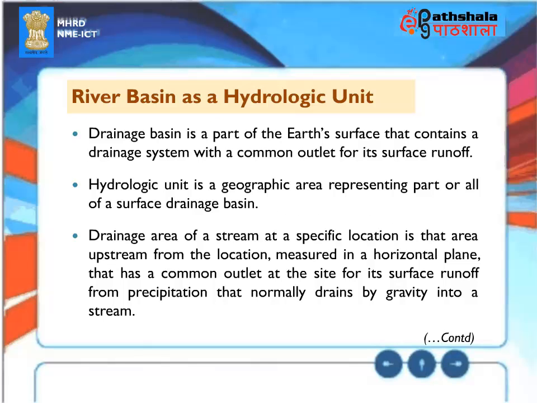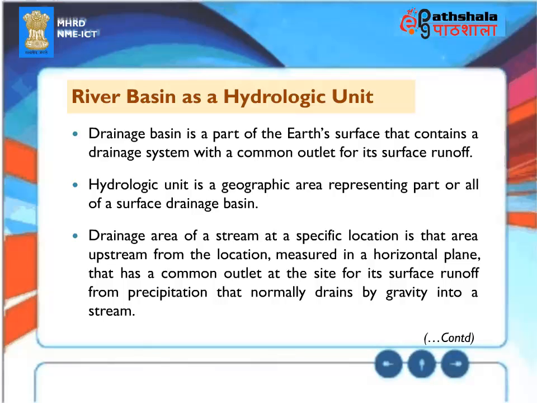River basin as a hydrologic unit. A drainage basin is a part of the Earth's surface that contains a drainage system with a common outlet for its surface runoff. A hydrologic unit is a geographic area representing part or all of a surface drainage basin.